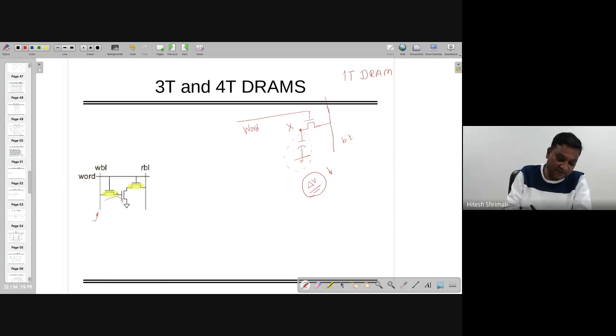So if this side is logic 1, the other side will be logic 0, right? Because it makes the connection here. Similar to that, if you write this to logic 0, as this is open, it's connected to the place where it was. So it latches the previous value.